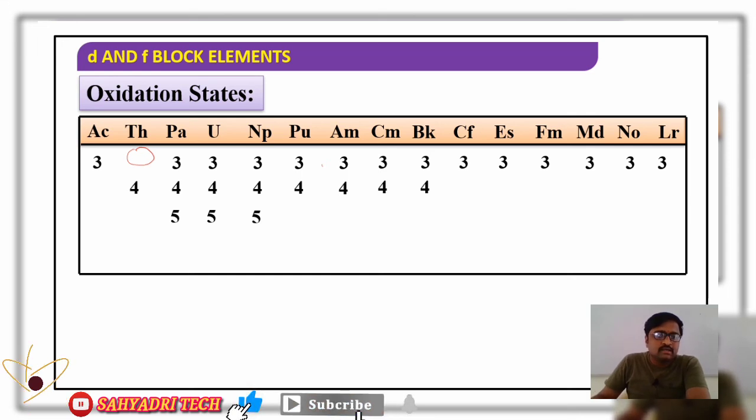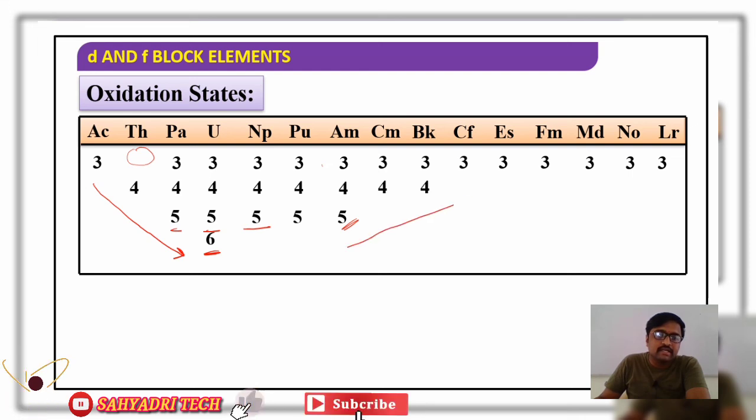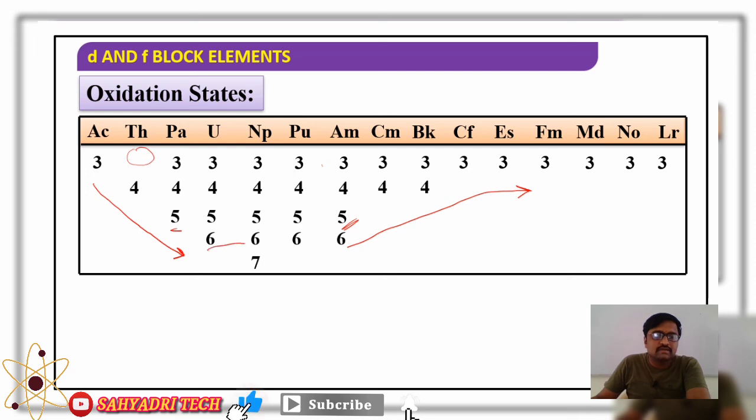Protactinium, uranium, and neptunium even show the +5 oxidation state. Plutonium and americium also show +5. From actinium to the middle of the series, the tendency to form higher oxidation states increases, and thereafter it decreases.